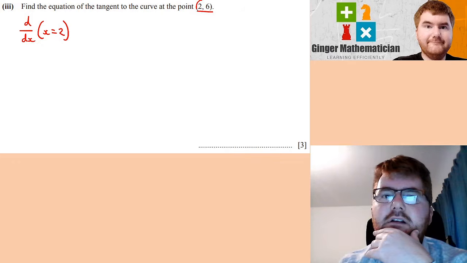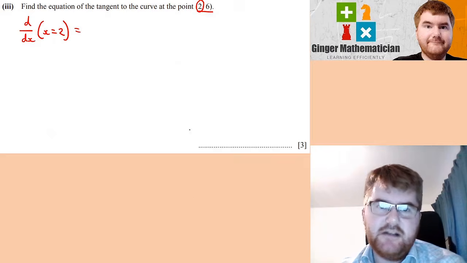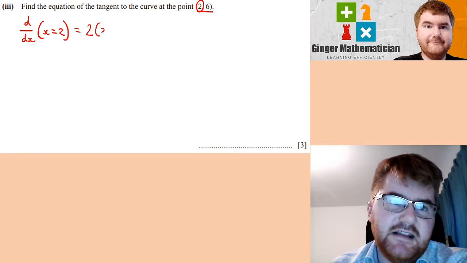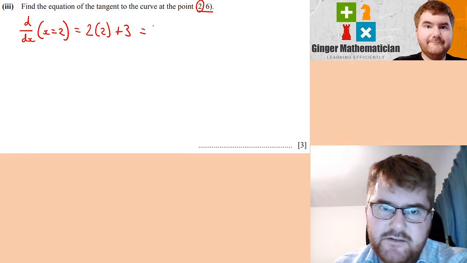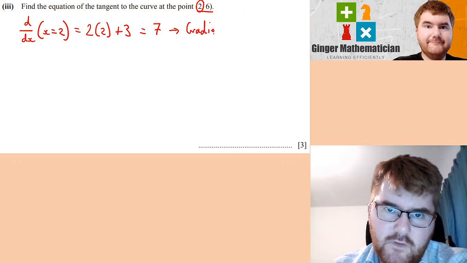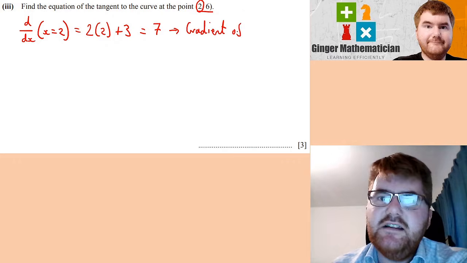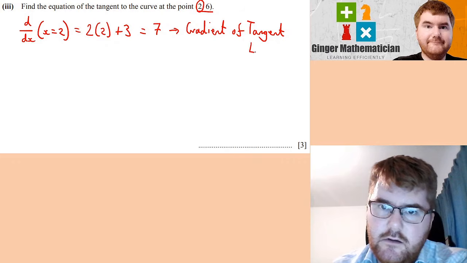That comes from this coordinate here. So I'm going to take my answer here, 2x plus 3, and replace the x with a 2. That gives me 2 times 2 is 4, 4 plus 3 is 7. So that's going to be the gradient of the tangent line. So I'm going to write this in words, like so.